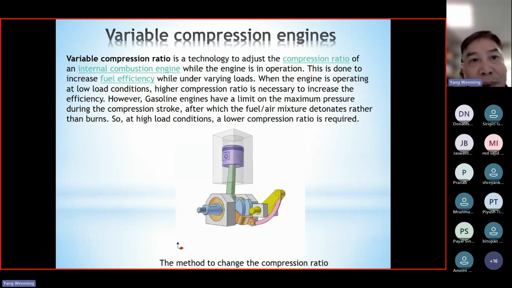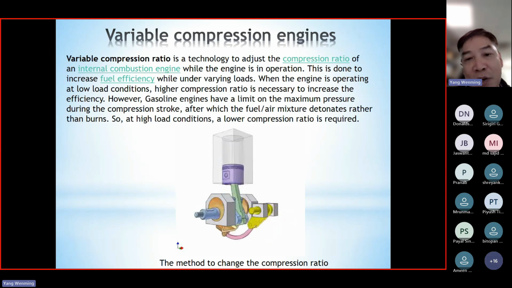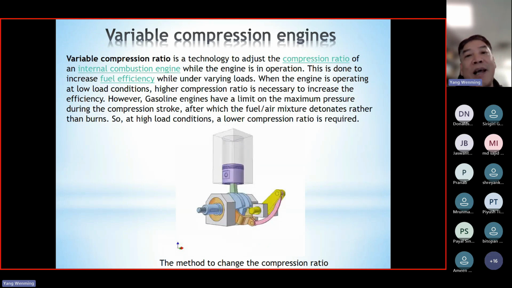Okay, so next one, I want to introduce variable compression engines. As we know, a higher compression ratio means a higher efficiency, means a higher power output, correct? So for gasoline engines, we can adjust the compression ratio when the engine is operating at different conditions.